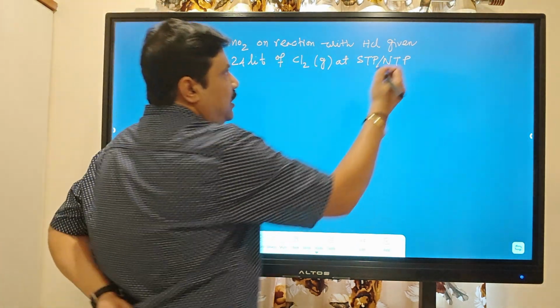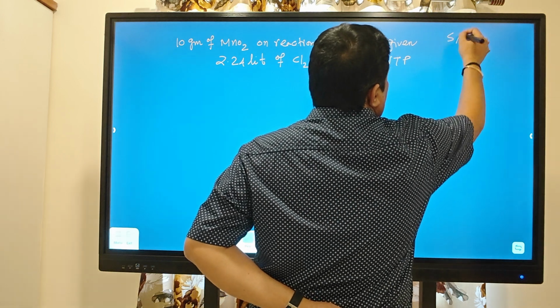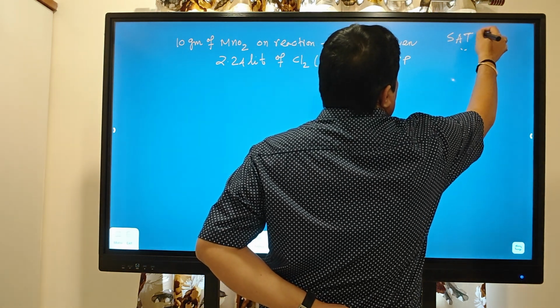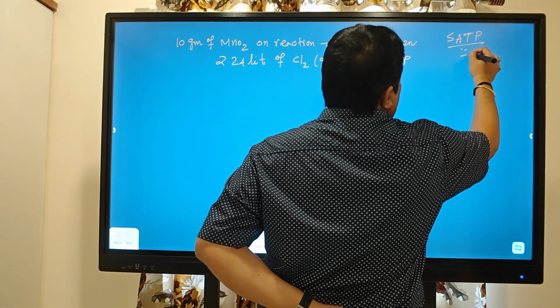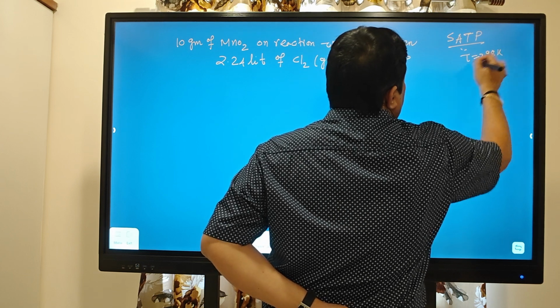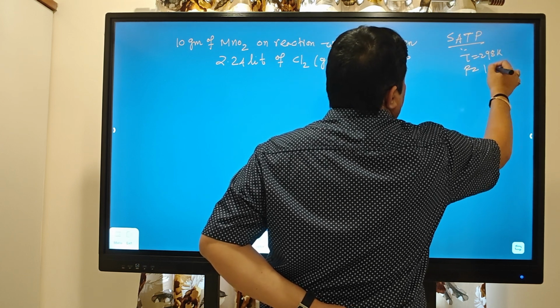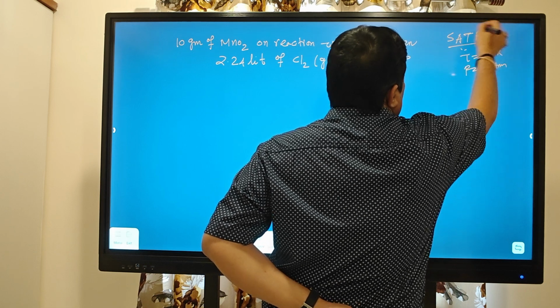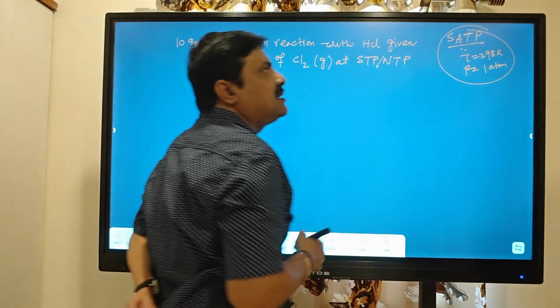Does everybody know these things? What is SATP? Standard ambient temperature pressure. Here temperature should be 298 K and pressure should be 1 atmosphere. This is called standard ambient temperature pressure.